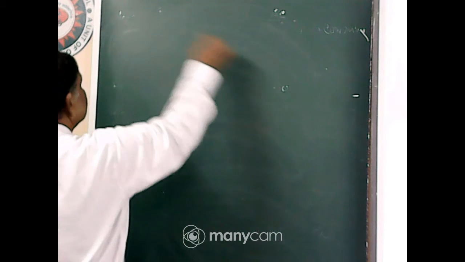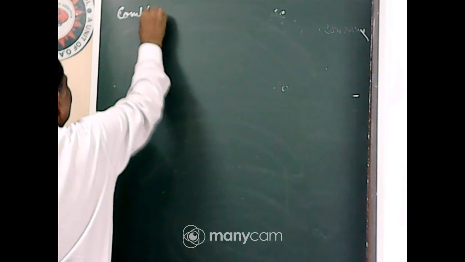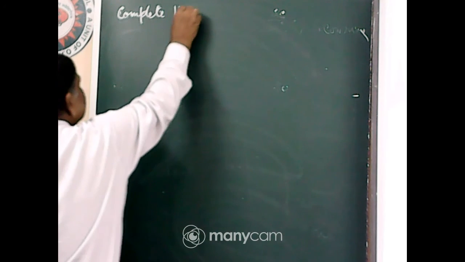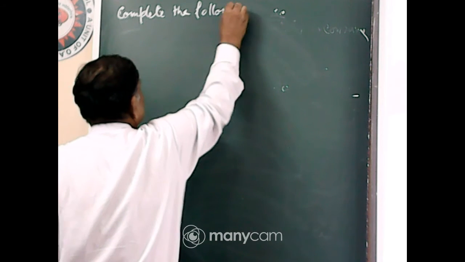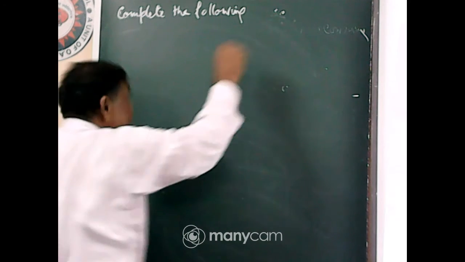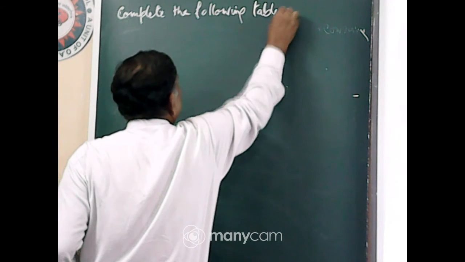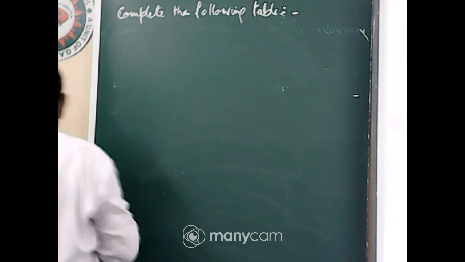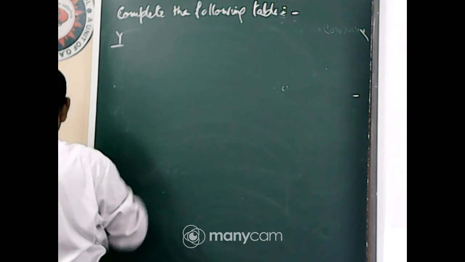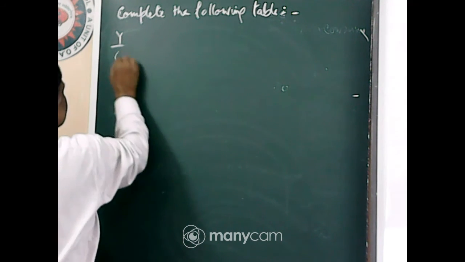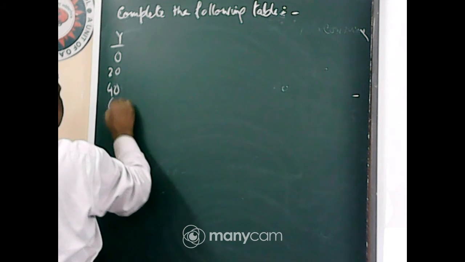Now, what you have learned, complete the following table. I am giving a table, you have to complete at home. Y, that is income: 0, 20, 40, 60.